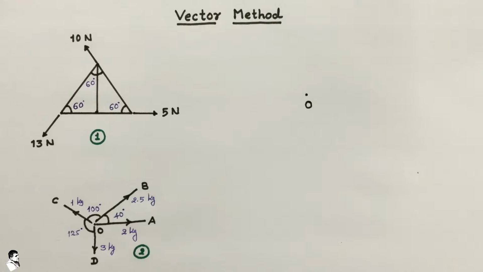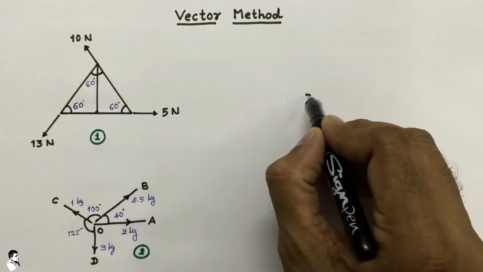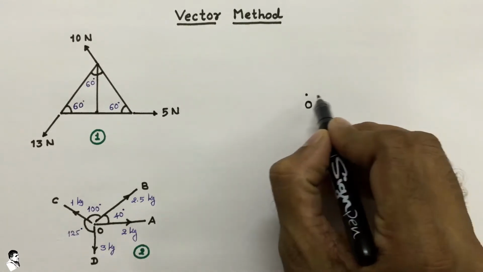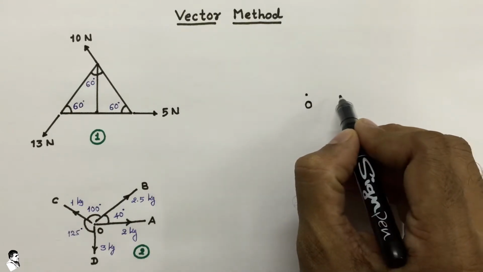For that we also require a suitable scale that represents the actual magnitude of a force, so we select a suitable scale with some length for exactly 5 Newton force.